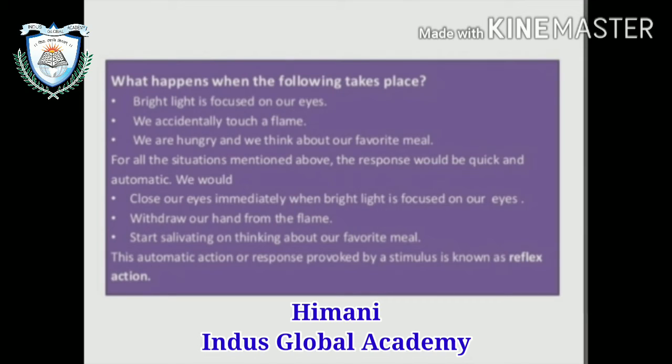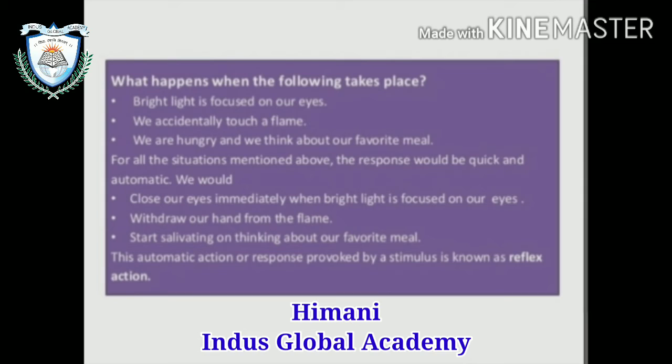What happens when the following take place? Bright light is focused on our eyes, we accidentally touch a flame, we are hungry and we think about our favorite meal. For all these situations, the response would be quick and automatic.